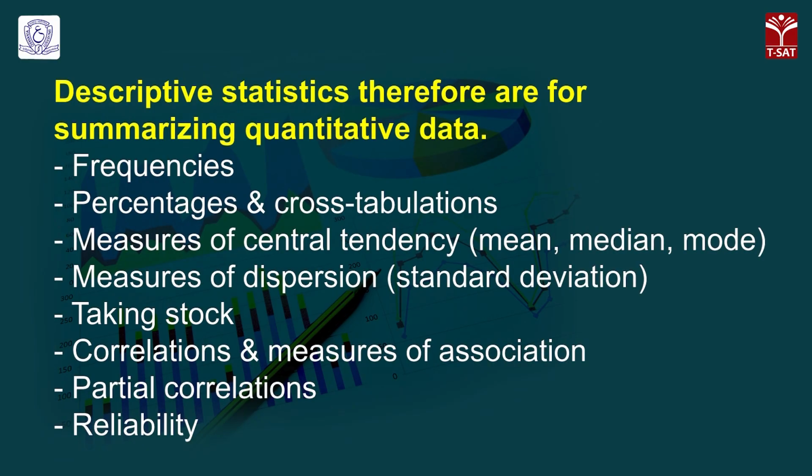They include frequencies, percentages and cross tabulations, measures of central tendency like mean, median, mode, measures of dispersion like standard deviation, correlations and measures of association, partial correlations and reliability.